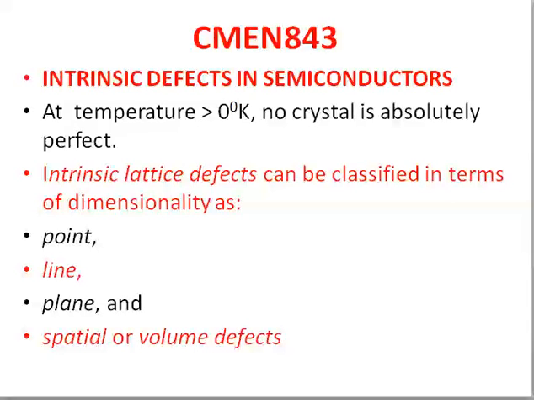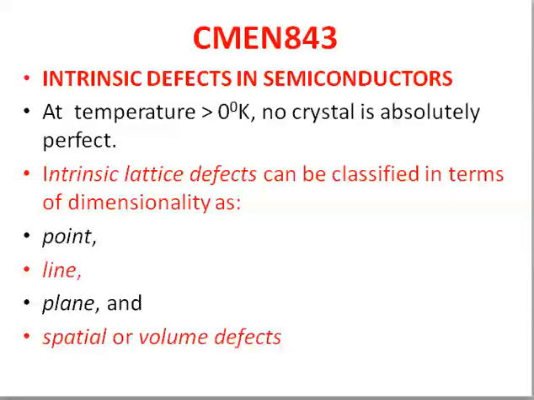Whenever the temperature is not at absolute zero, that is 0 degrees Kelvin, the crystals, that is the arrangement of the molecules in semiconductor materials like silicon, will never be 100% perfect. So intrinsic lattice defects are any defects or misalignments in the semiconductor material being used.